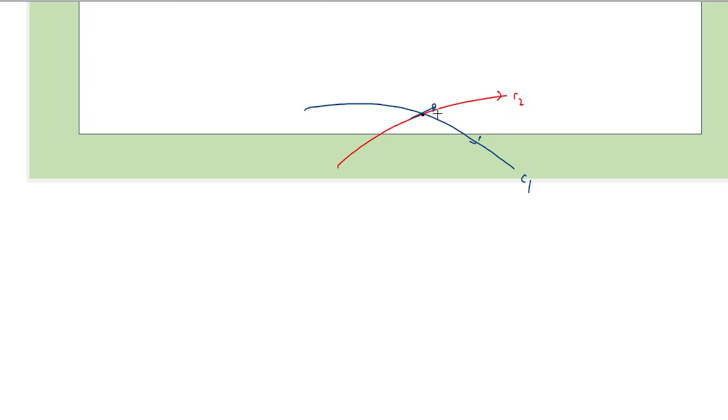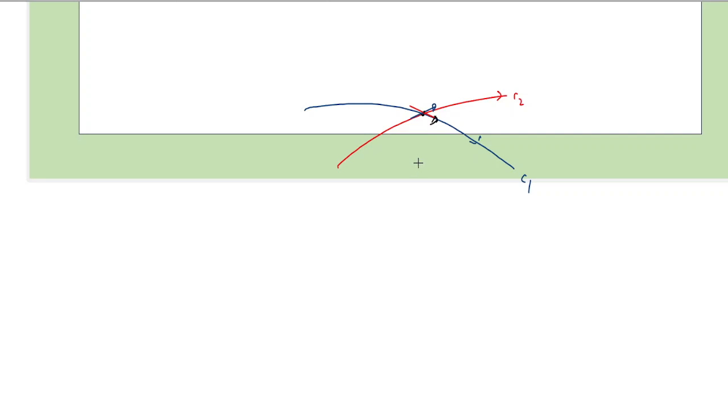Similarly, if we look at curve C1 and draw a tangent to curve C1, it will be like this. At this point it will be tangent here. So what we see is that at the point of contact we have two tangents.